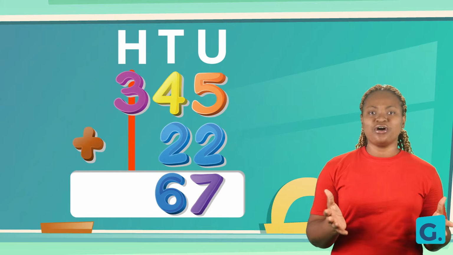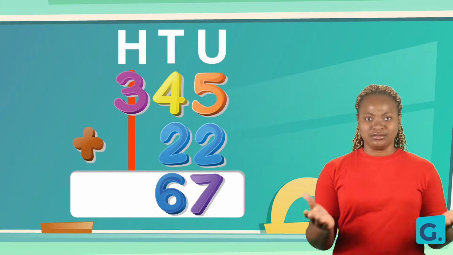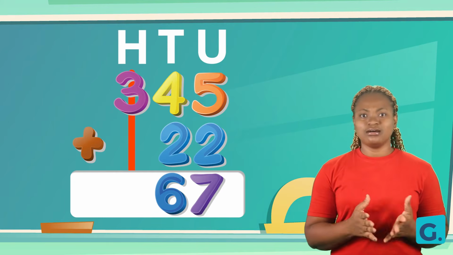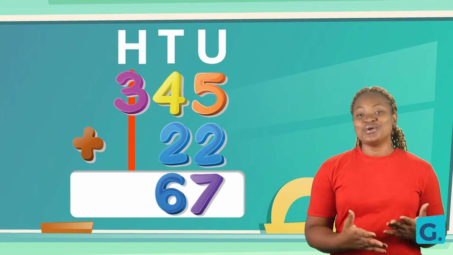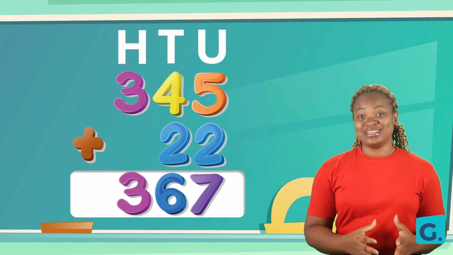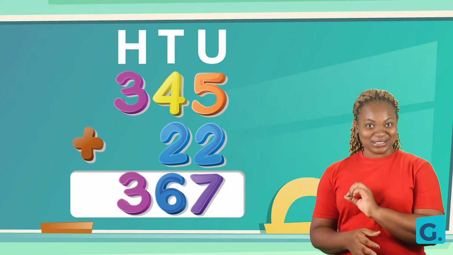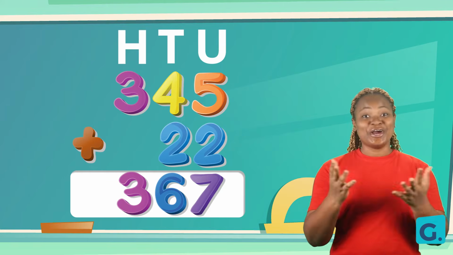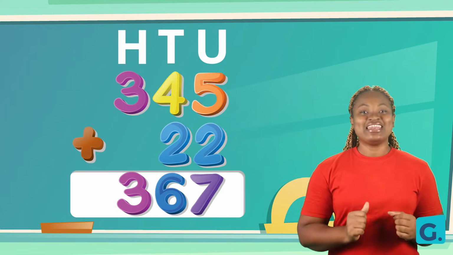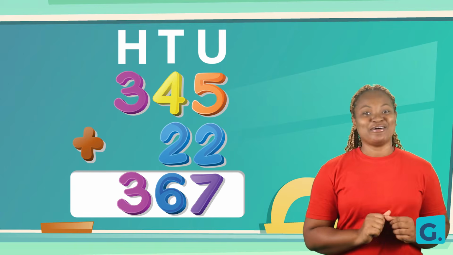But what do we have on the hundreds? We have just 3. There's nothing to add to 3. So what do we do? We just bring 3 down. Therefore, our answer is going to be 367. Perfect.